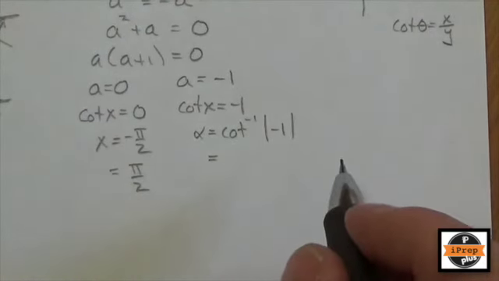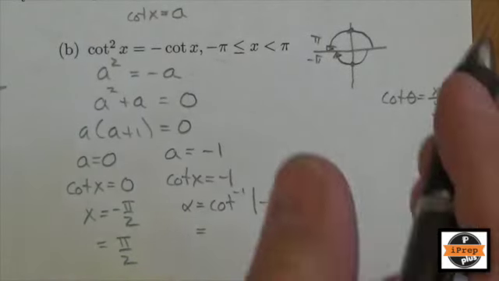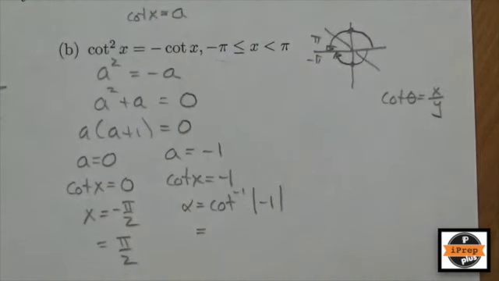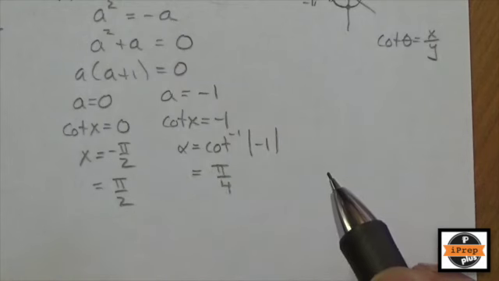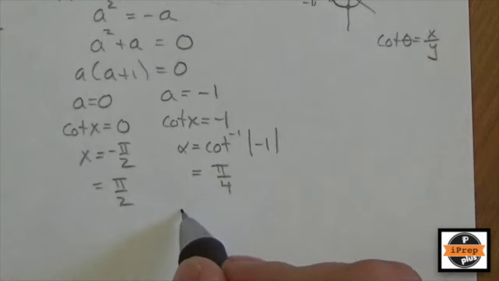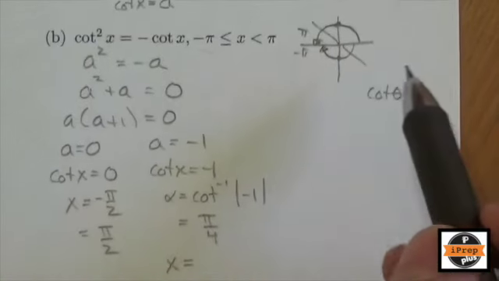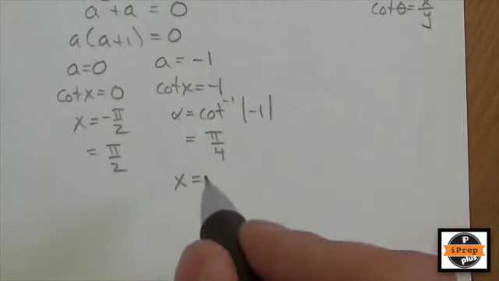The negative simply tells me what quadrants we're in. Oh, and we should probably identify that. Where is cotangent going to be negative? Well, cotangent is going to be negative in quadrants 2 and 4. And the reference angle here will be pi over 4. Meaning, therefore, that x, if I take the negative rotation, will be negative pi over 4.